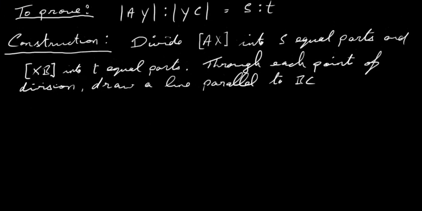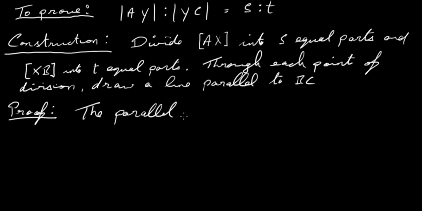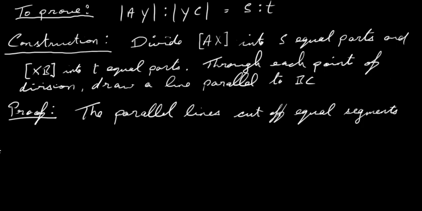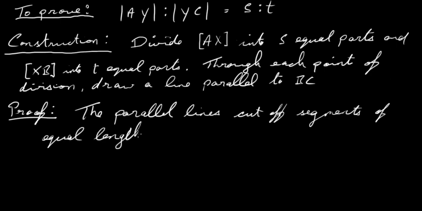So the next thing we've got to do is write out the proof. Okay, so I'm going to start by saying the parallel lines cut off segments of equal length along AC.